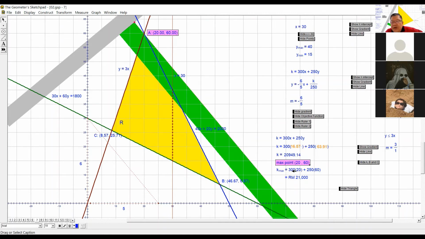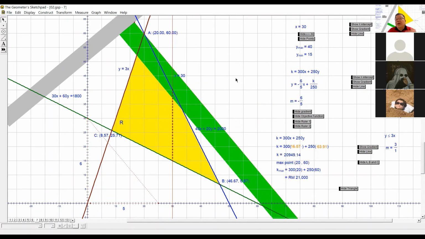So it becomes 300 times 20 plus 250 times 60. So the answer is 21,000, exactly 21,000.